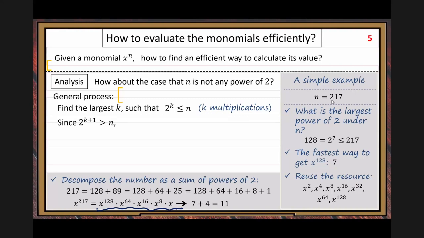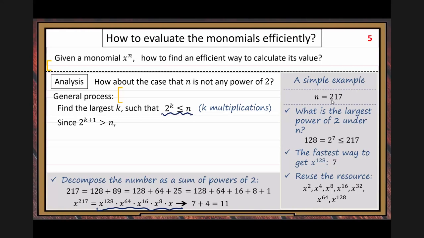Since 2 to the k plus 1 is strictly greater than n, we know that, because based on the assumption, k is the largest power such that 2 to the k is less than or equal to n, so if you add one more, that's strictly greater than n.